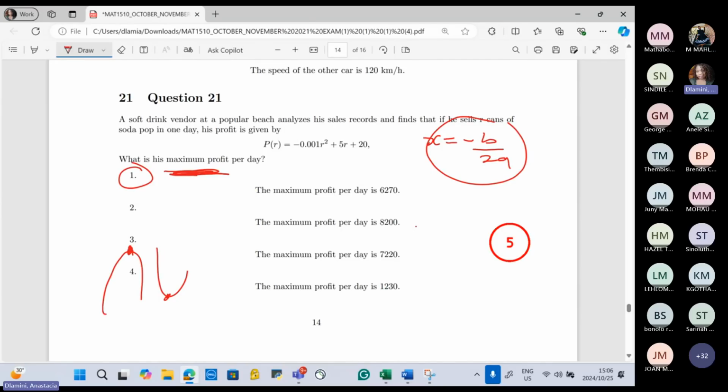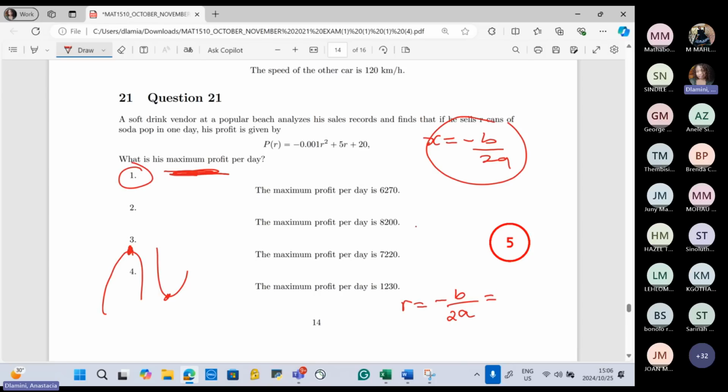So now you can't use x because there's no x there, so you use your r. You say r is equal to minus b over 2a. We know a is that. Give me answers, guys.